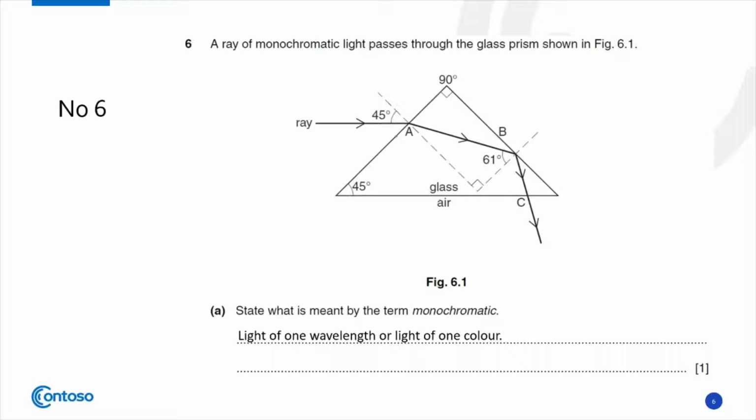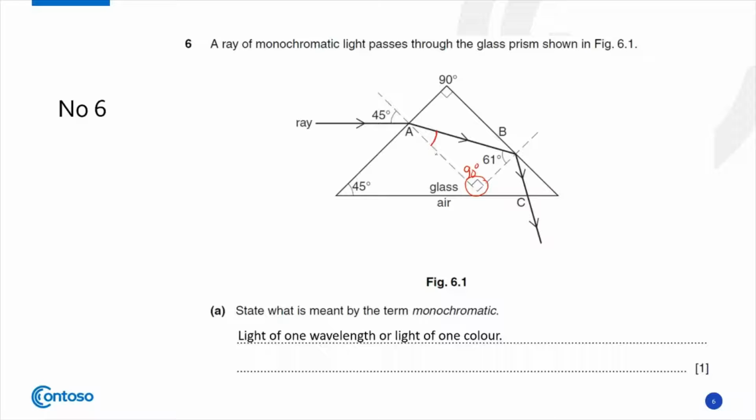This is the right angle triangle. The angles in a triangle add up to 180 degrees. Because this angle is a right angle, which is 90 degrees, and this angle is 61 degrees, then we can calculate the refracted angle or the angle of refraction. This is the angle of refraction.